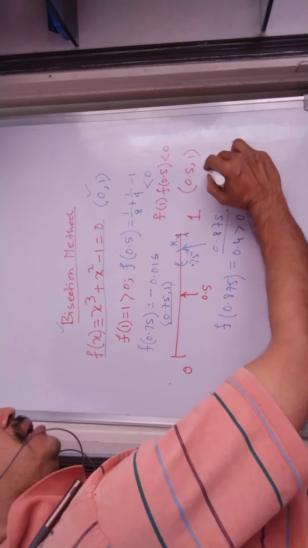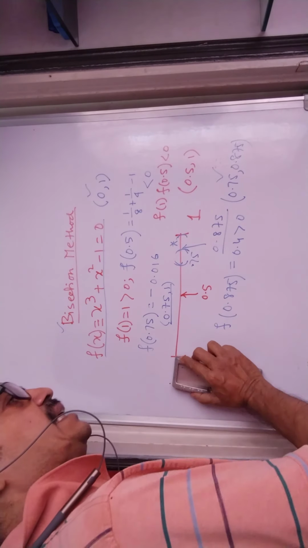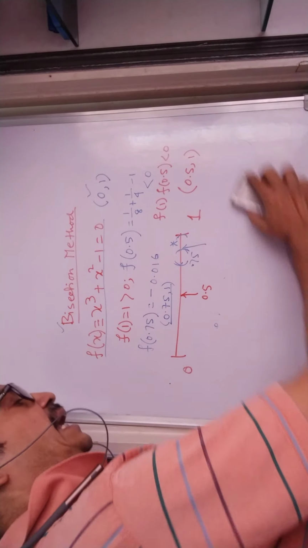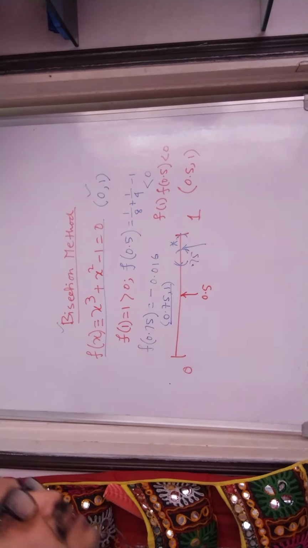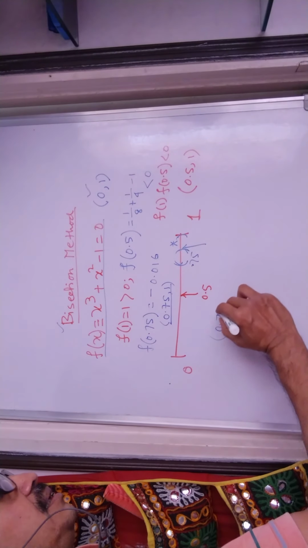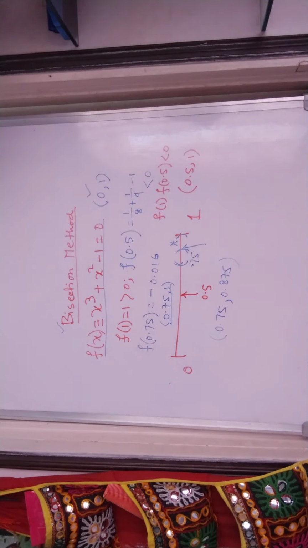So our interval of concern is 0.75 and 0.875. Move on like this, then we should again halve this interval.